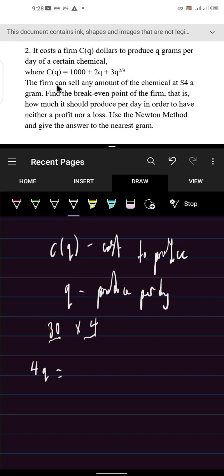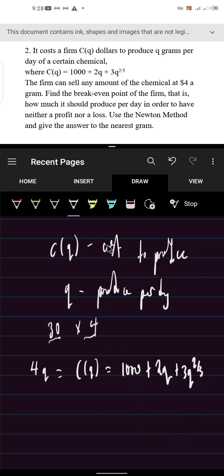So this will be equal to the cost of production. Now the cost of production, which is C of Q, is equal to this equation here: 1000 plus 2Q plus 3Q to the 2/3.